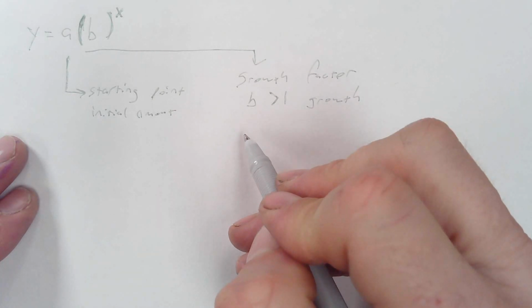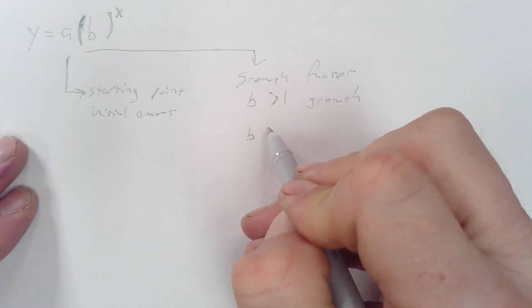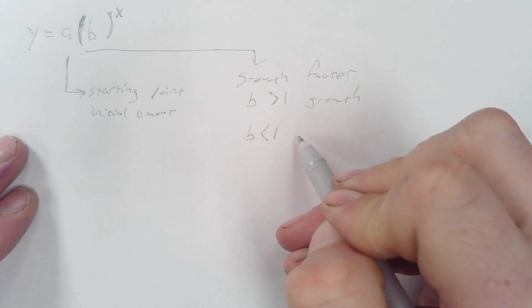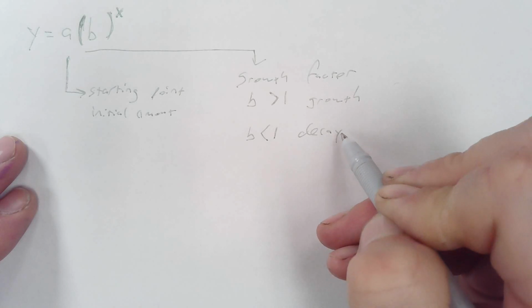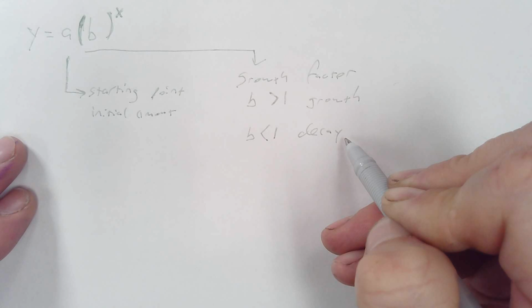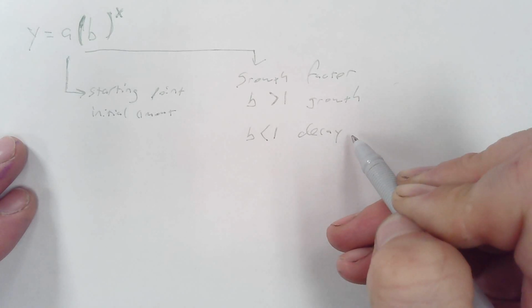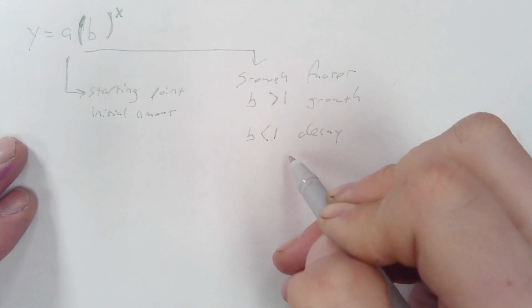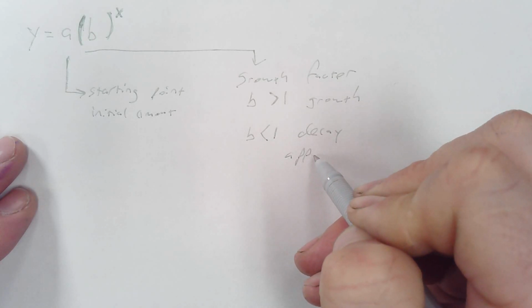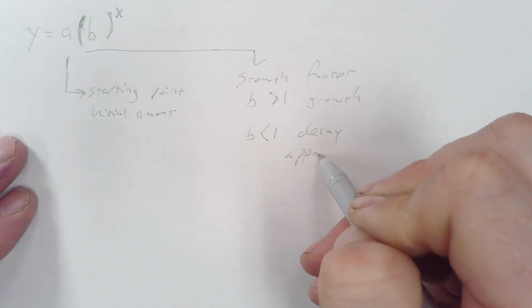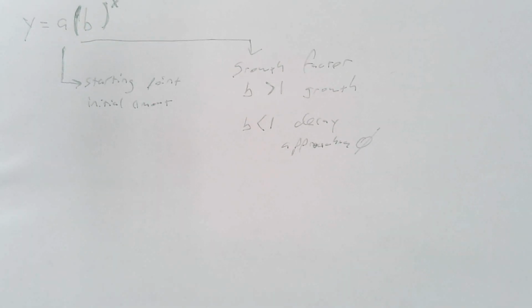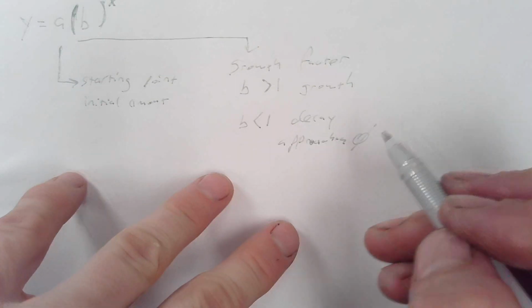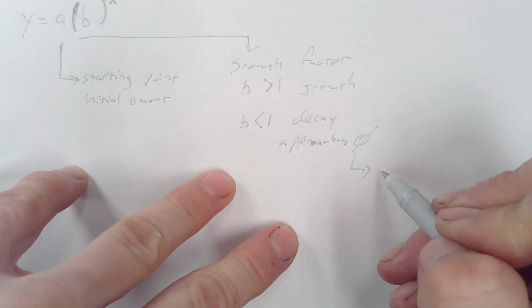If b is less than 1, this is a decay, which means it's going to get smaller and smaller and smaller as x approaches infinity. Y is going to approach 0. In this case, our 0 is called an asymptote.